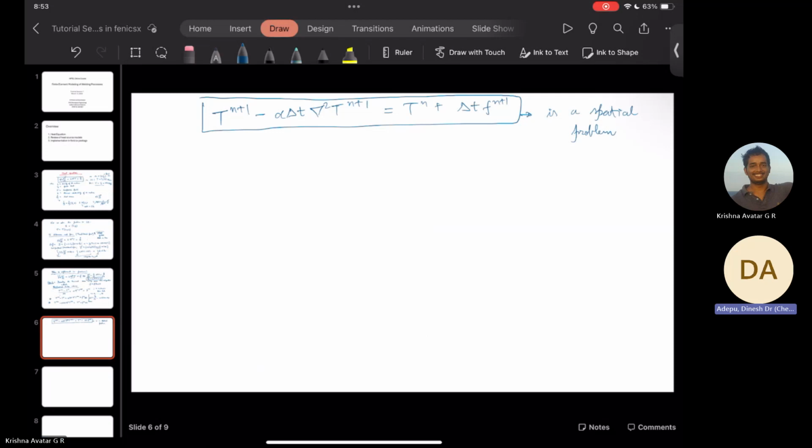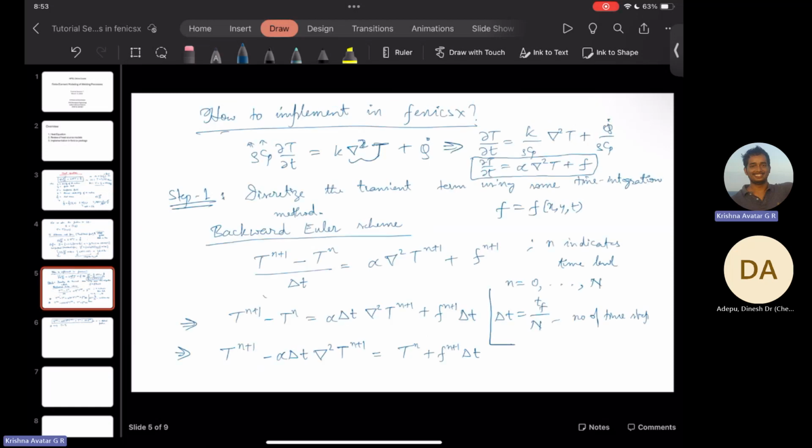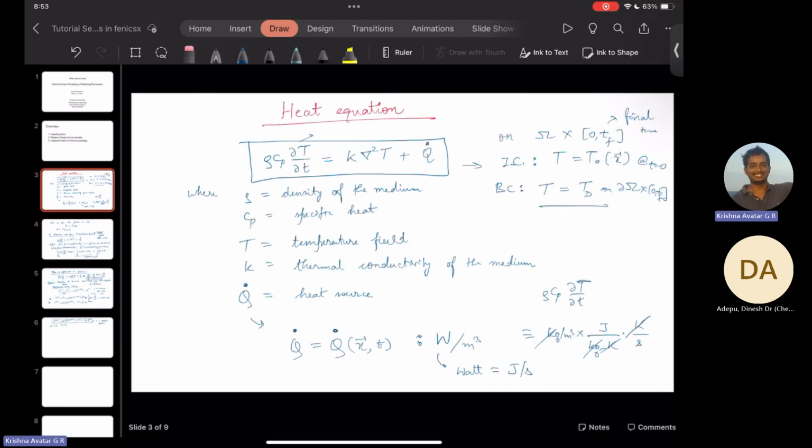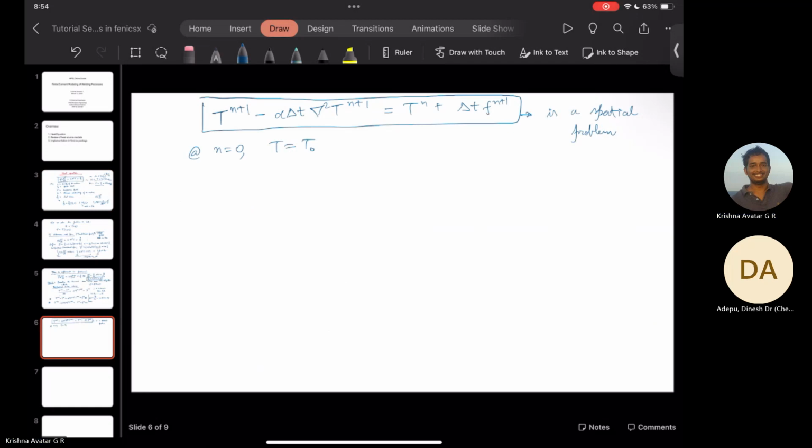We compute T n plus 1, then take those T values, substitute in as T n, and redo it. At n equal to 0, we know T is equal to T naught from the initial conditions. So we start from here: at n equal to 0, T is equal to T naught, which is a function of x, y.